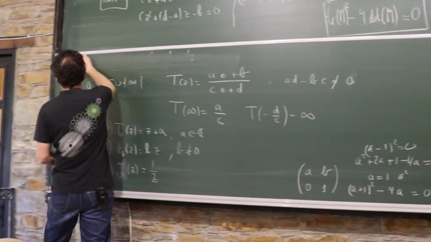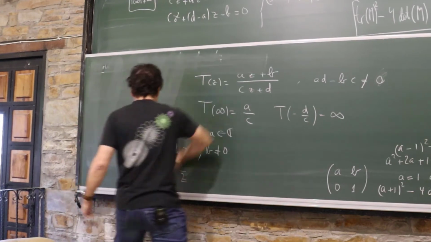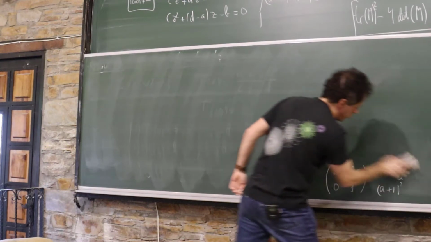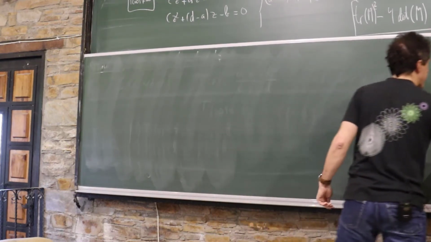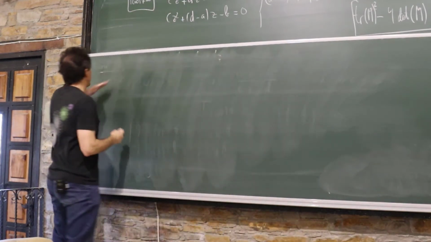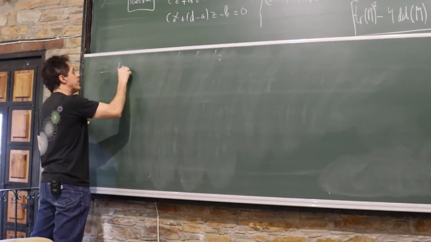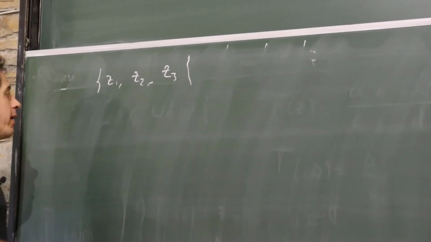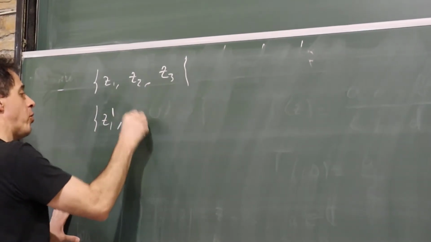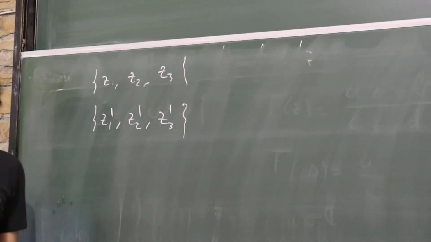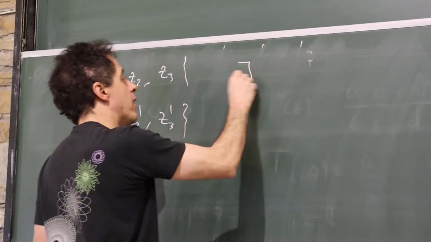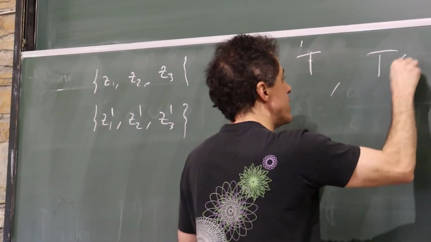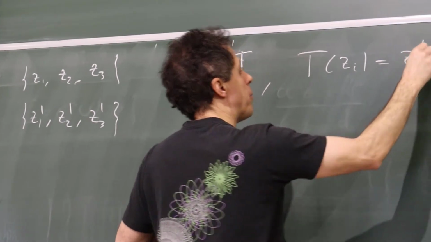So you can generalize that statement a little bit: if you take any two sets of three different points in C bar, Z1, Z2, Z3 and another set Z1 prime, Z2 prime, Z3 prime, there exists exactly one Möbius transformation T taking Zi into Zi prime.